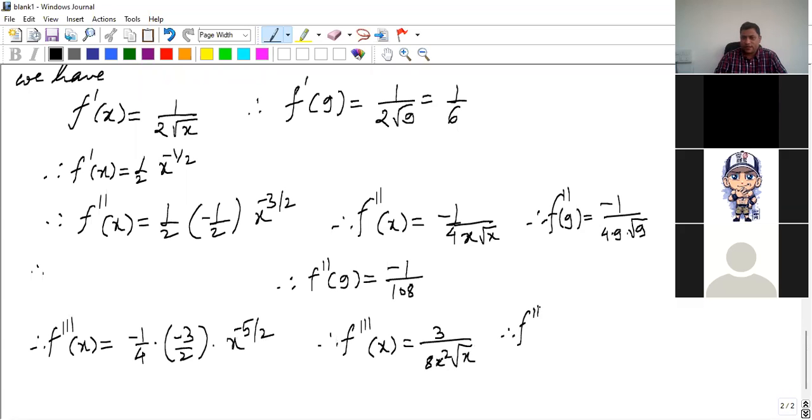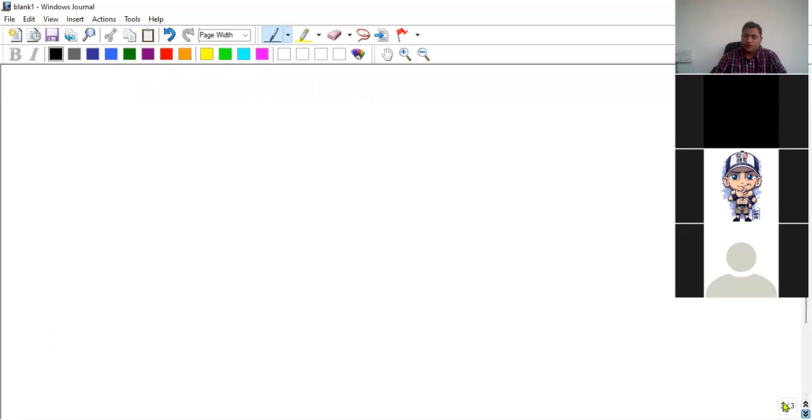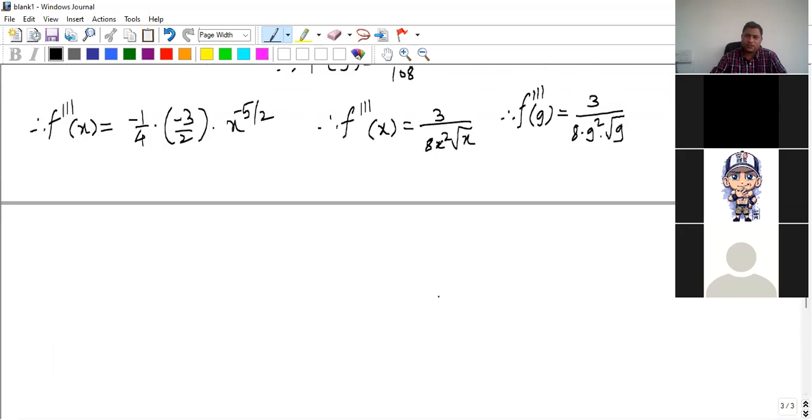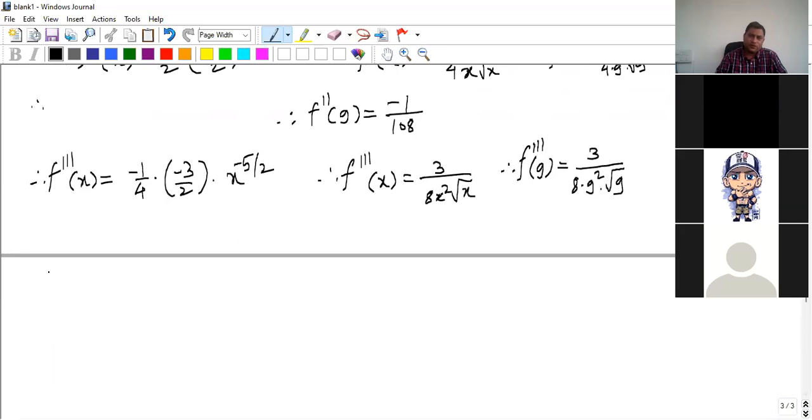So we are interested in the value of this derivative at x is equal to 9. So we are interested in f triple dash at 9. So this is going to be 3 upon 8 into 9 square, and this is root of 9, which is just simply 3.